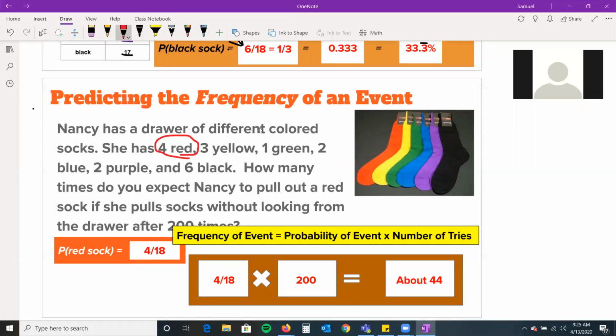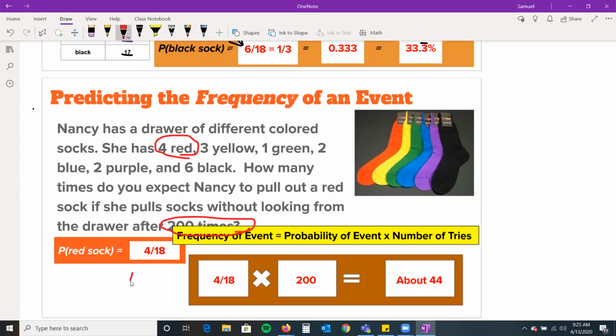So the probability of getting a red sock, if she pulls the socks without looking from the drawer after 200 times, is still going to be that same theoretical probability. So even though this time she draws 200 times out of the sock bin, you still have to think, okay, what is the probability of getting a sock on this next draw?